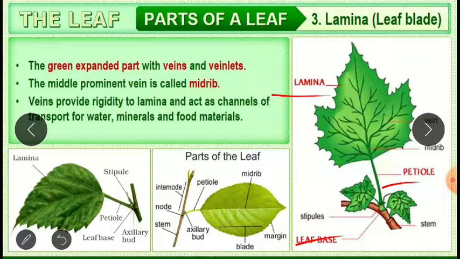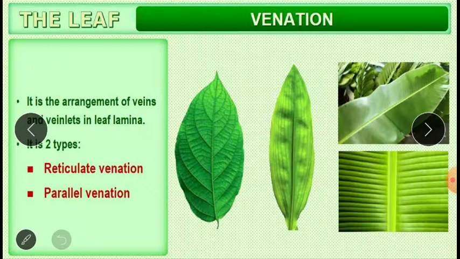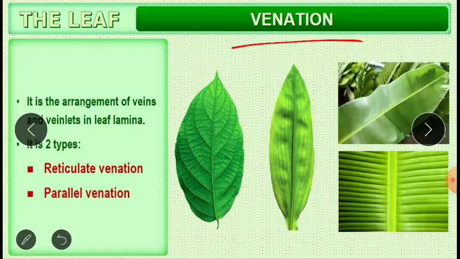Now coming to the next part, in the lamina, as we were studying the veins, the study of these veins is known as the venation. So venation is nothing but the arrangement of veins and veinlets in the leaf lamina.